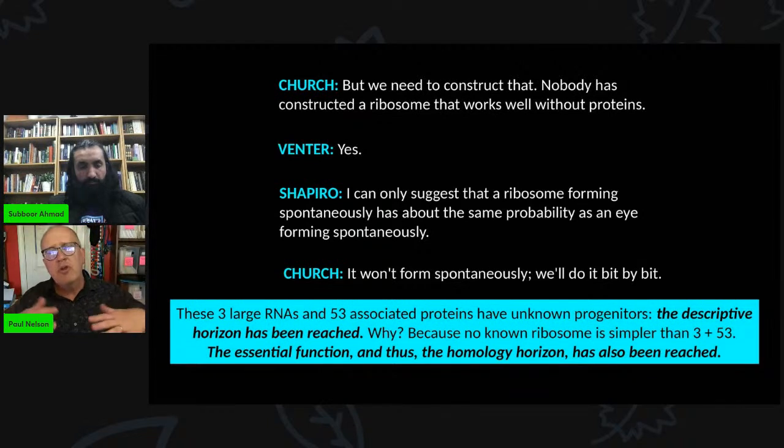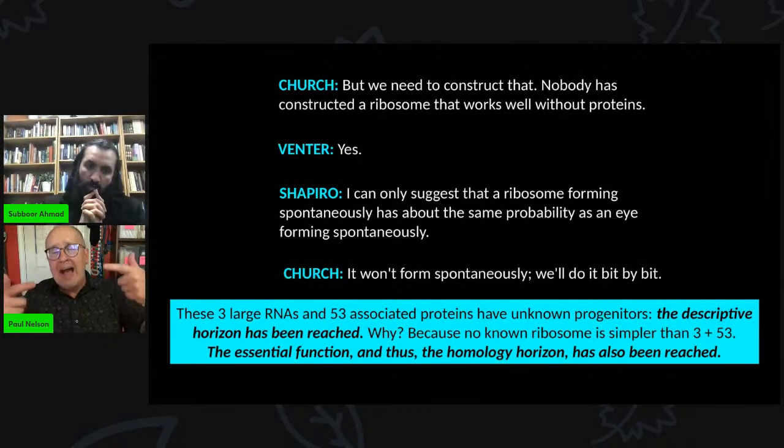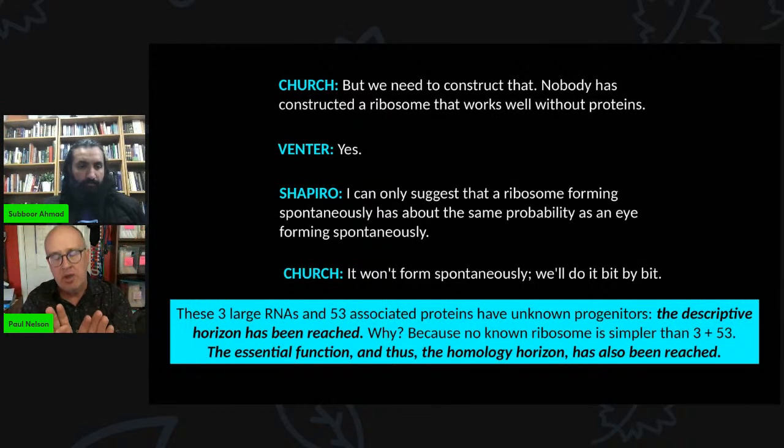And therefore you've bumped up against something where it looks like nature is telling you, if you want a cell at all, you're going to need a machine of this complexity and not something simpler. So that is the essential function that gives you the homology horizon. You can see the description horizon and the homology essential function horizon are coming together at this point, which I think is very significant.